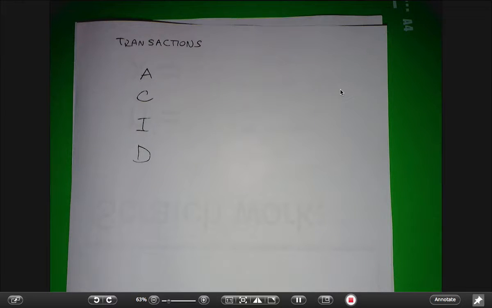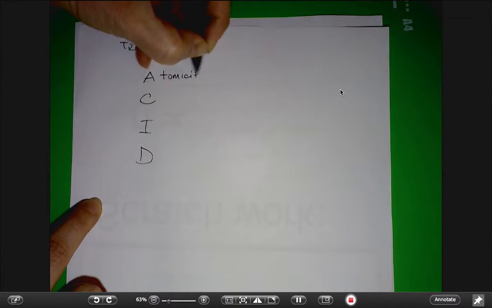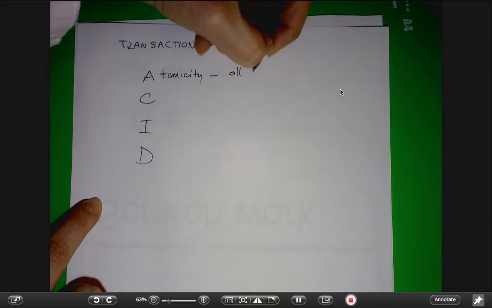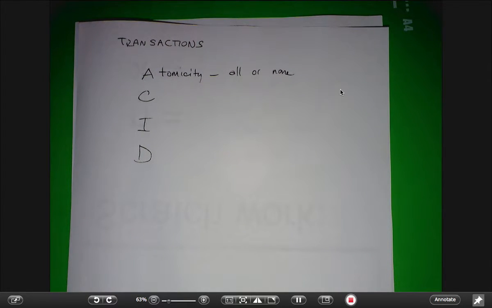So you cannot just make money. So you have to make sure that when you write a transaction to do both of them, they either both complete or none of them complete. So A means atomicity, all or none. Meaning that you either do all the changes or do no changes whatsoever.